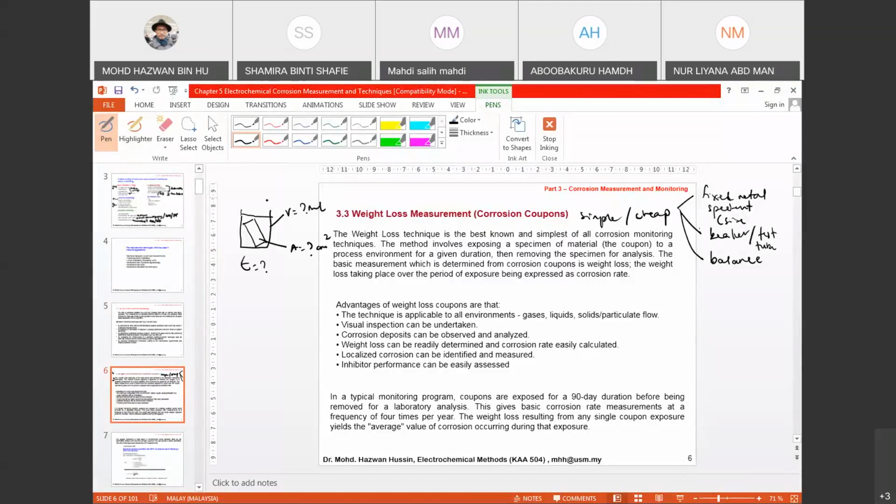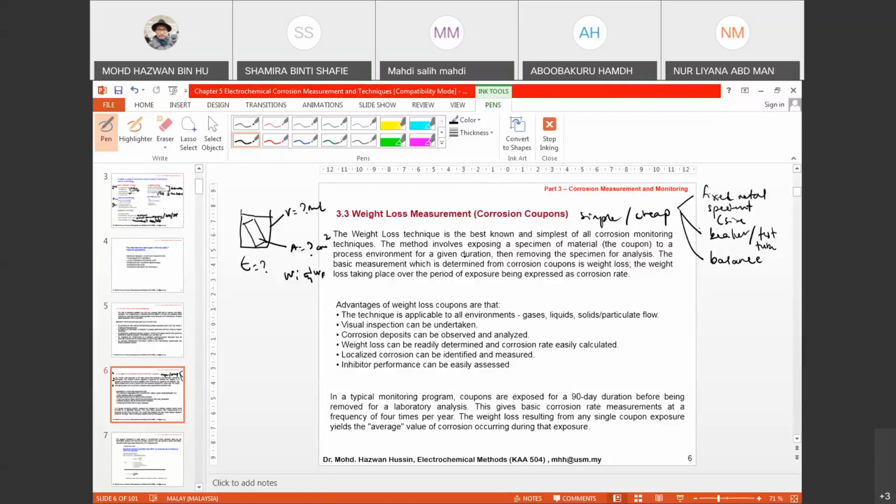So with all this information, together with the initial mass and the final mass, you can do weight loss measurement. That is why most industries use this as one of the first techniques to determine corrosion.